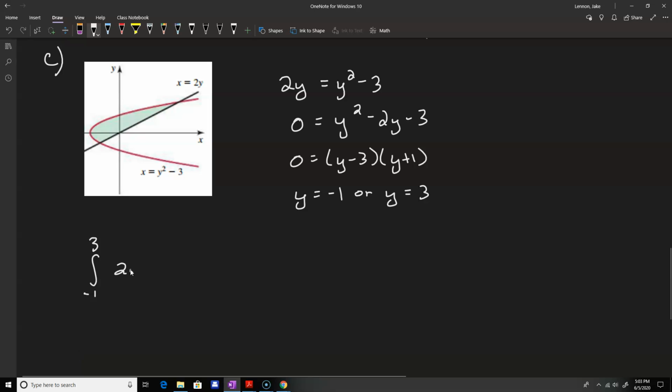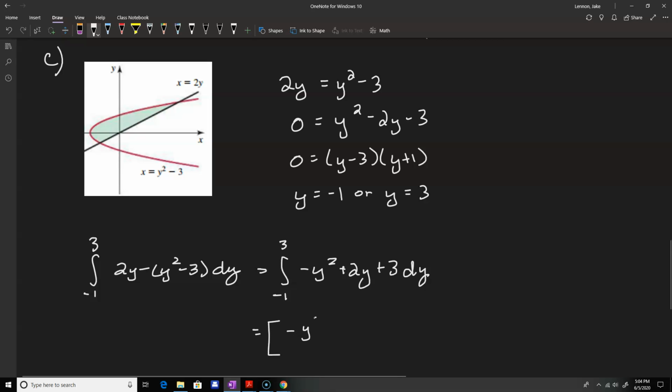So we want to do 2y minus the quantity y squared minus 3, and we're integrating with respect to y this time. So this is the integral from -1 to 3 of, let's say, minus y squared plus 2y plus 3 dy. So this is minus y cubed over 3 plus y squared plus 3y from -1 to 3. And again, we can just plug in the numbers there and subtract. So in fact, this just comes out to 32 over 3.